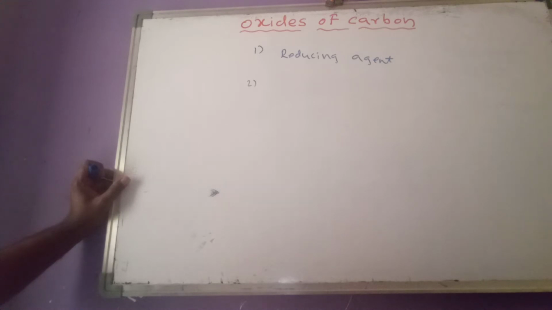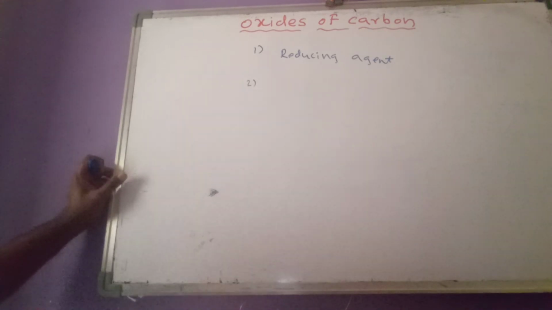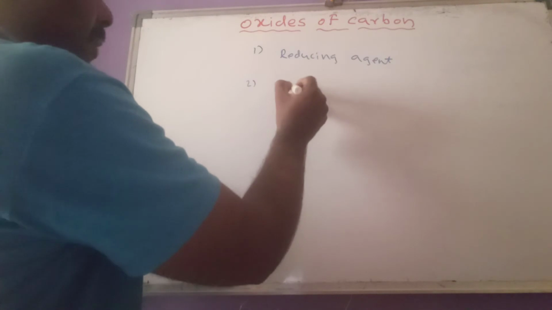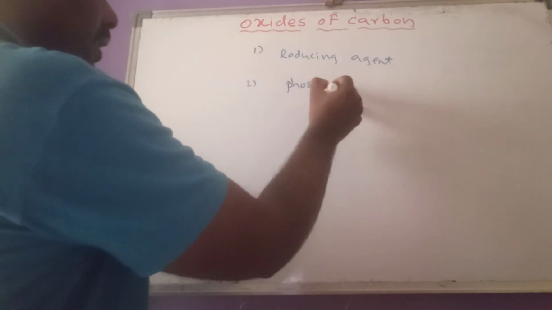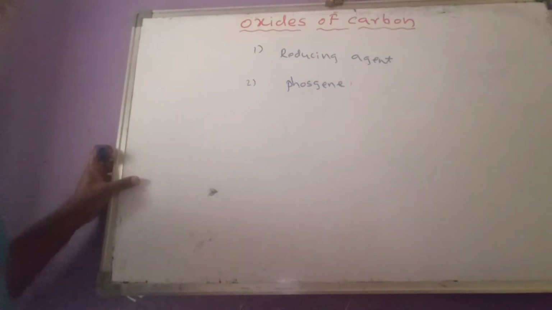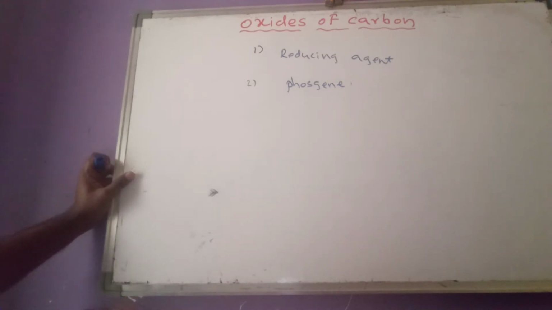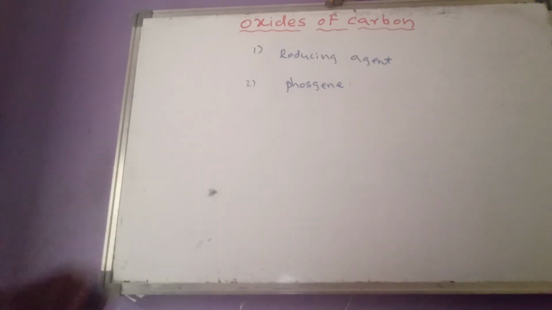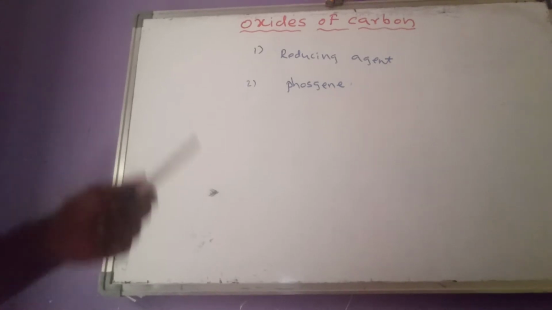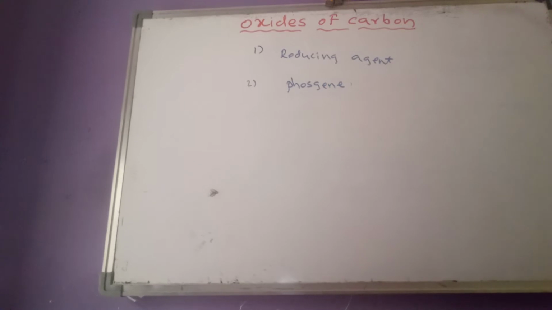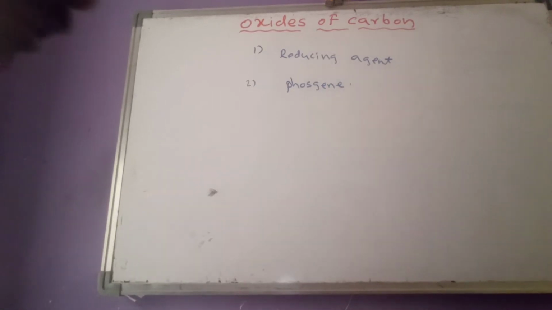And it is also used in the preparation of poison gas, phosgene, and in the preparation of formic acid. Okay, these are the uses of carbon monoxide.